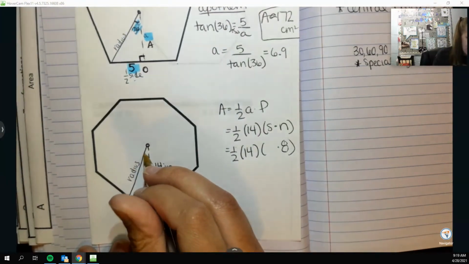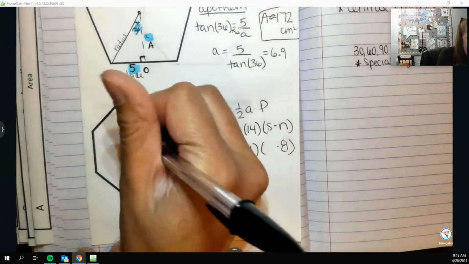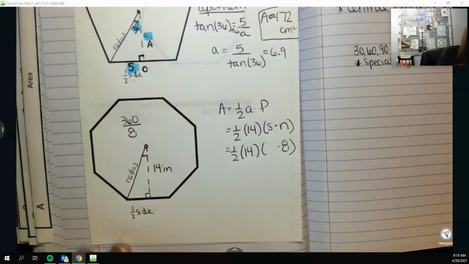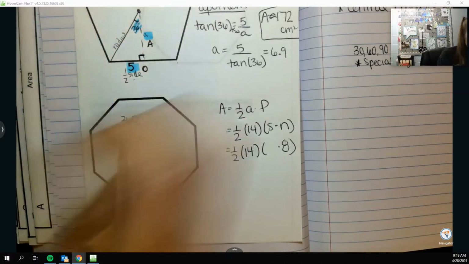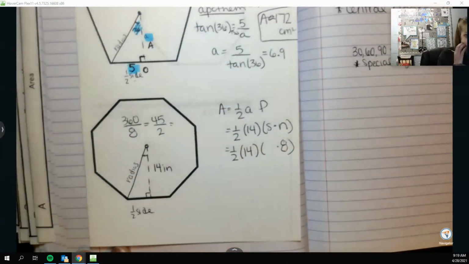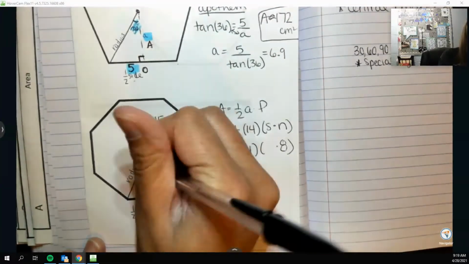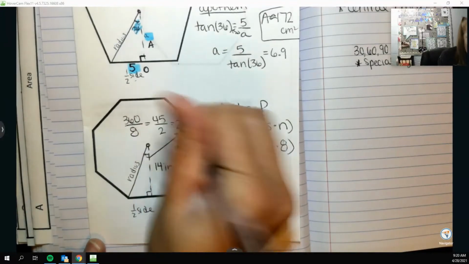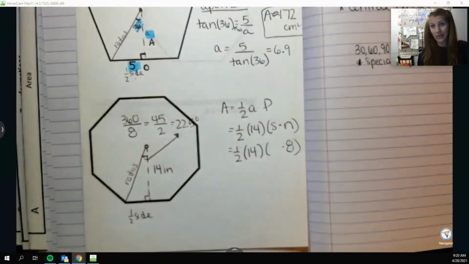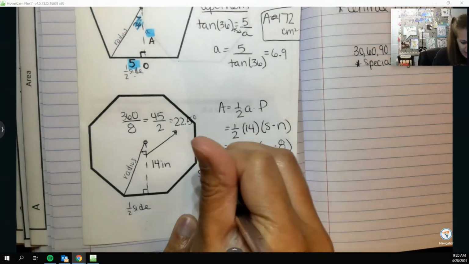So if I find this central angle right up here, we're doing 360 divided by 8, because there are 8 sides, and then splitting that in half again, which is 22.5, which is definitely not one of my special angles. So I'm going to have to use trig to find my side.